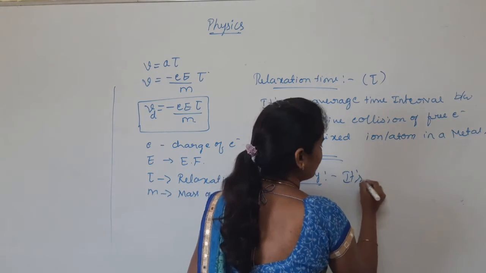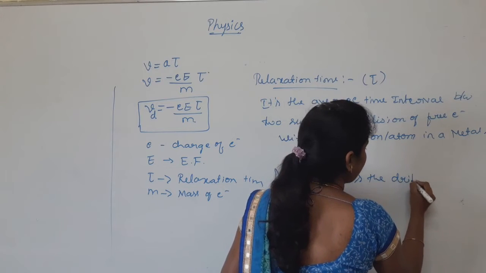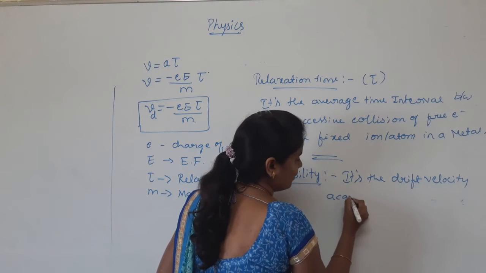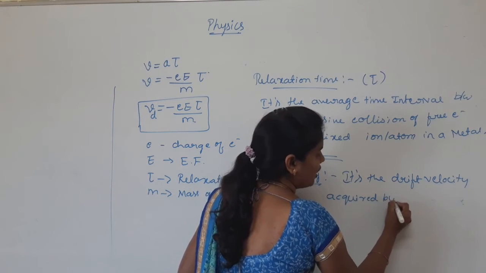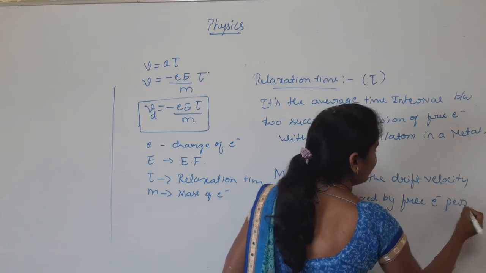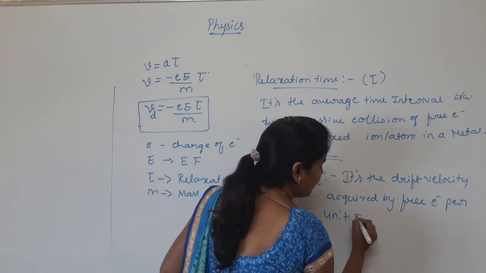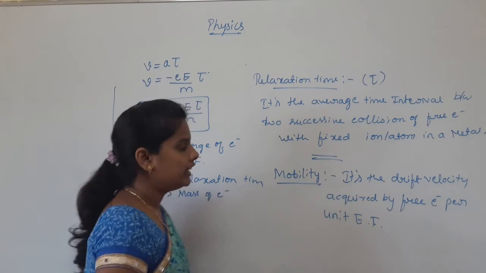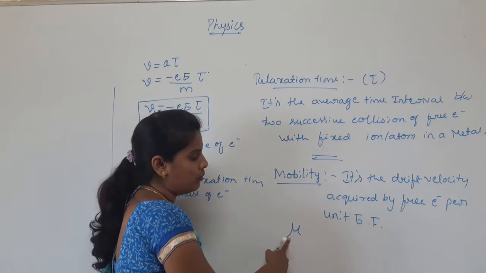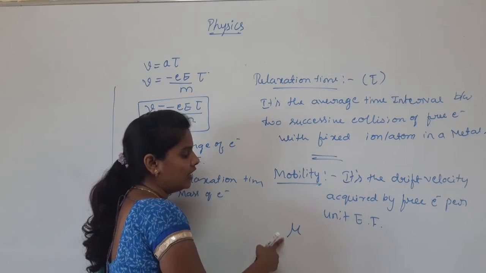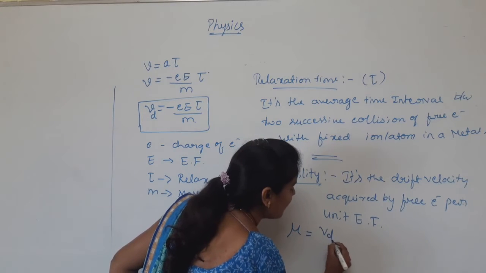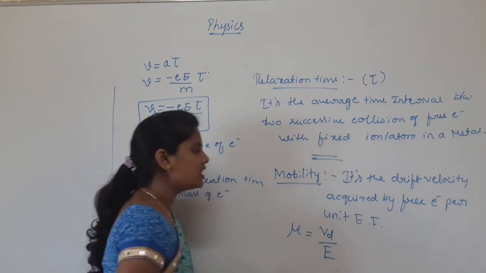The drift velocity acquired by free electrons per unit electric field is called mobility. It is represented by the symbol mu. Symbolically, mu equals drift velocity divided by electric field. This is called mobility.